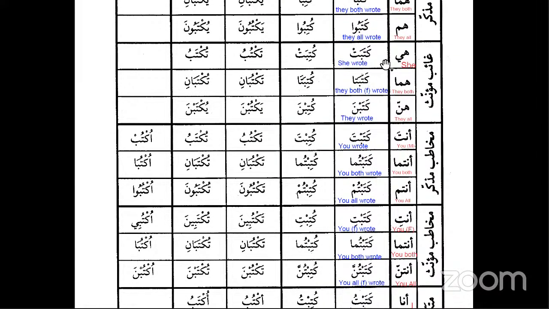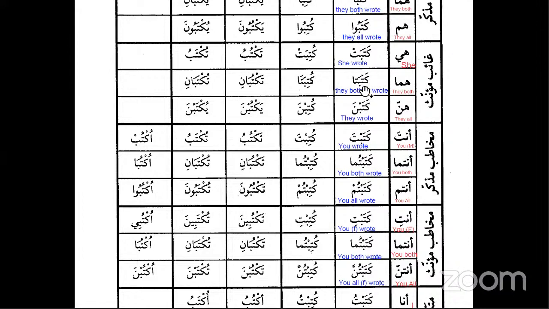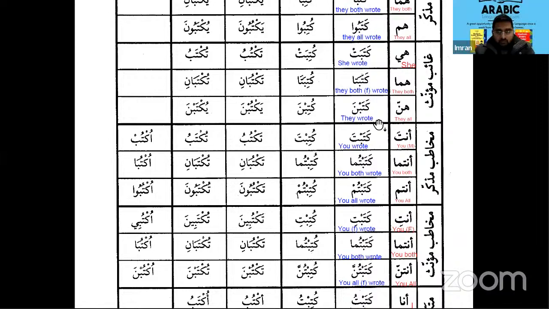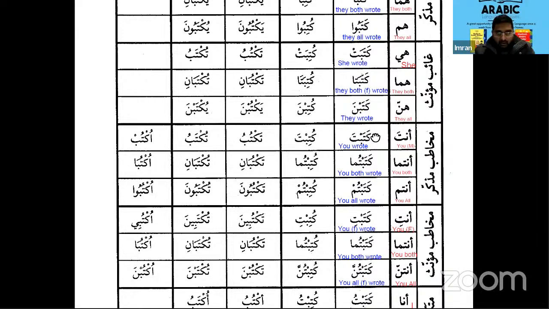Then the female, they're not present. So hiya katabat, she wrote. Correct. Huma katabata. Those two females wrote. Correct. And hunna katabna. They are all female, the group of females wrote something.